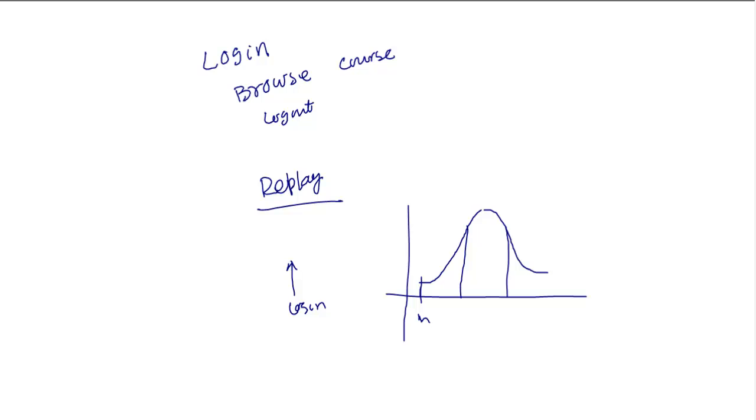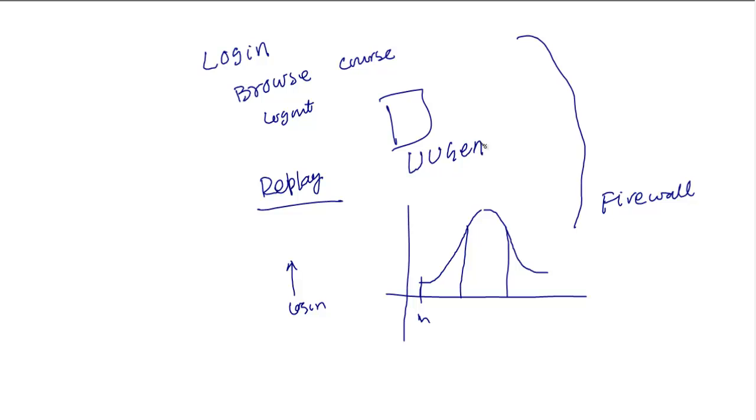Let's say this is your corporate firewall, and you are behind it. This is the VuGen, and somewhere here there is a server. In order to connect to the server, VuGen has to go through a proxy server, and through the proxy server it can reach the outside network.